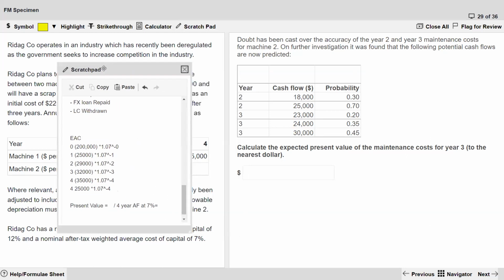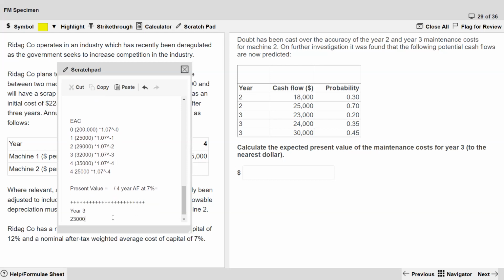For year 3, it's going to be 23,000 into 0.2 plus 24,000 into 0.35 plus 30,000 into 0.45. So hence resultingly, it's 26,500.